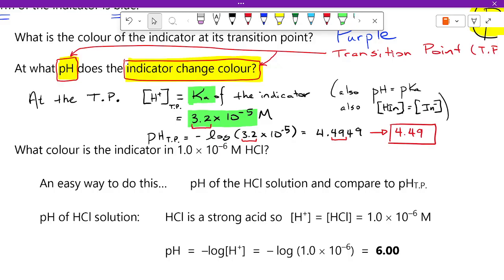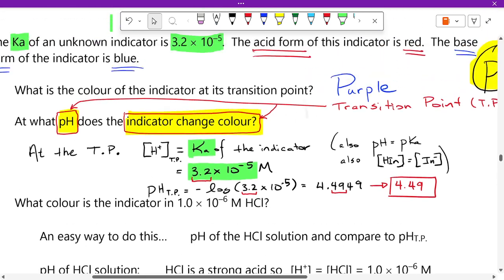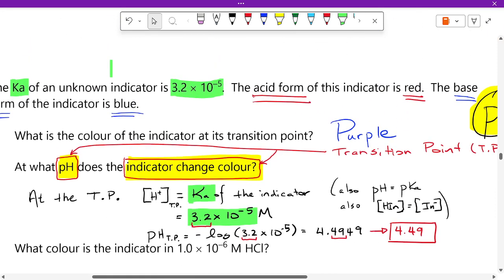What color is the indicator in 1.0 times 10 to the negative 6 molar HCl? Well, what could you figure out from 1.0 times 10 to the negative 6 molar HCl that would be relevant?